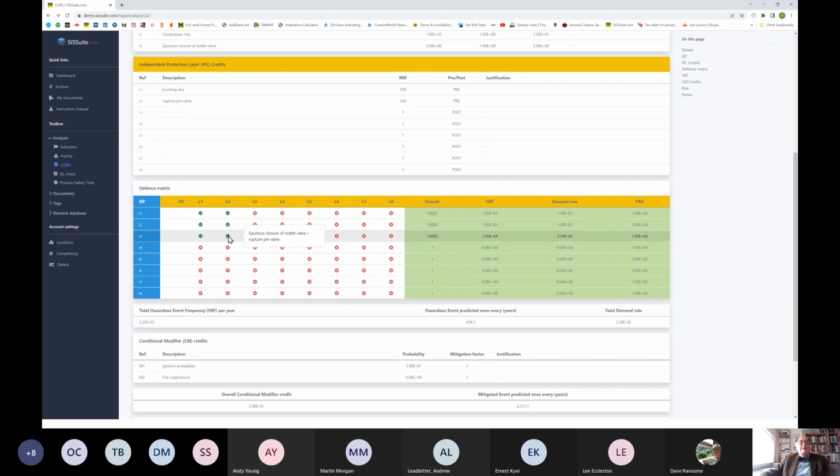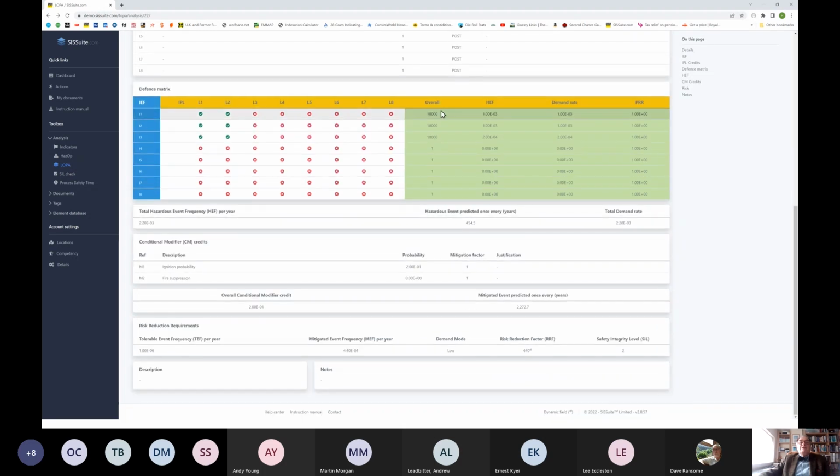And in this particular example, both independent protection layers defend against all 3 initiating causes. We crunch those numbers and it gives us the demand rate and the hazard event frequency. I've also assigned here an ignition probability as a conditional modifier of 0.2, making no claim for fire suppression, although we'll come back and explore that shortly.